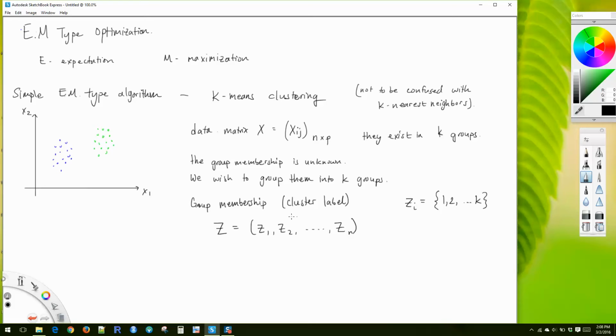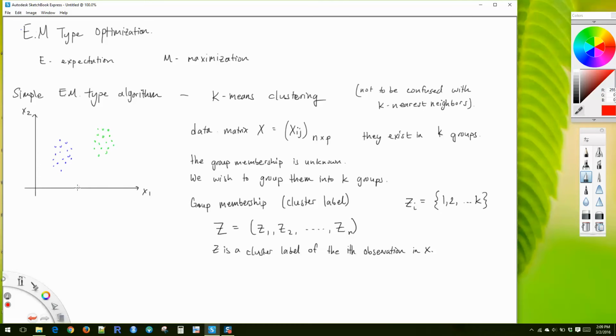It's just a cluster label of the ith observation in X. In this case, we are pretending to actually know what we have.